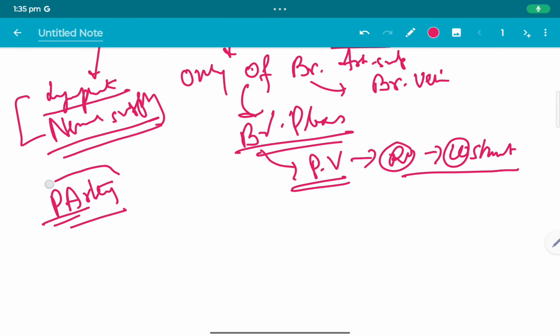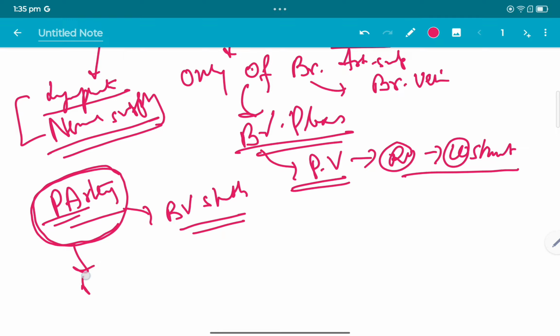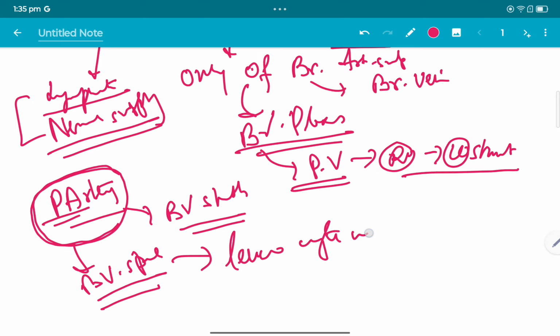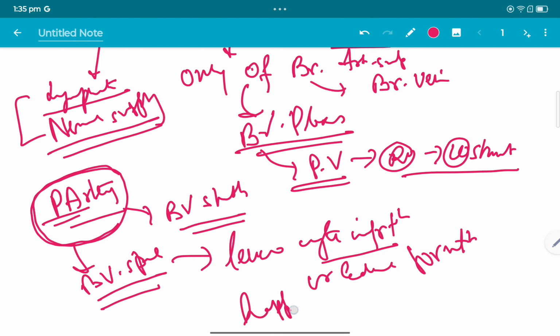This pulmonary artery is also encapsulated by the bronchovascular sheath, or bronchovascular space. Whenever leukocyte infiltration or edema formation happens, it happens in this bronchovascular space.